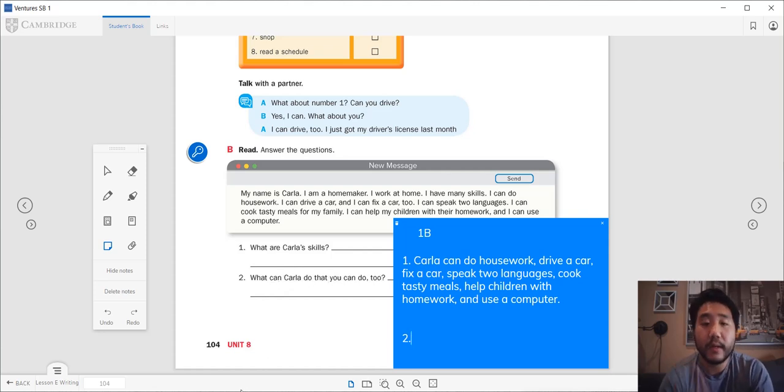Here it's talking about me, so I say I can do housework, drive a car, speak two languages, cook tasty meals, and use a computer.